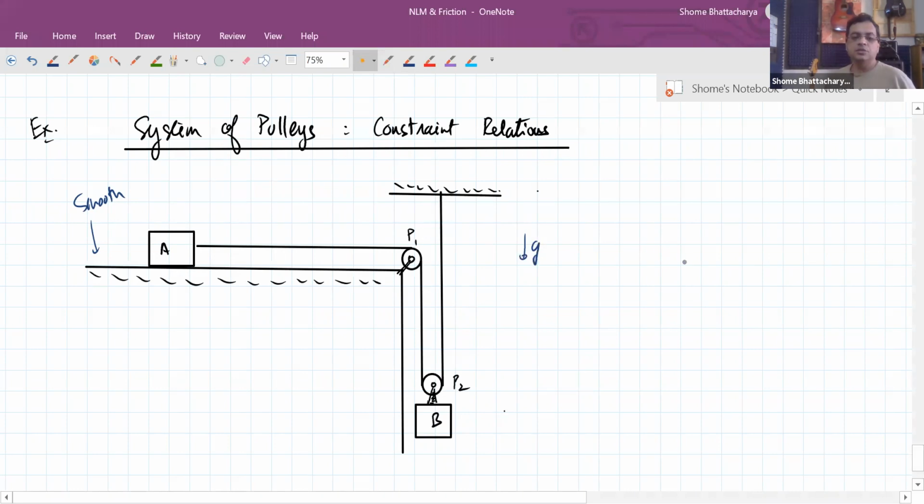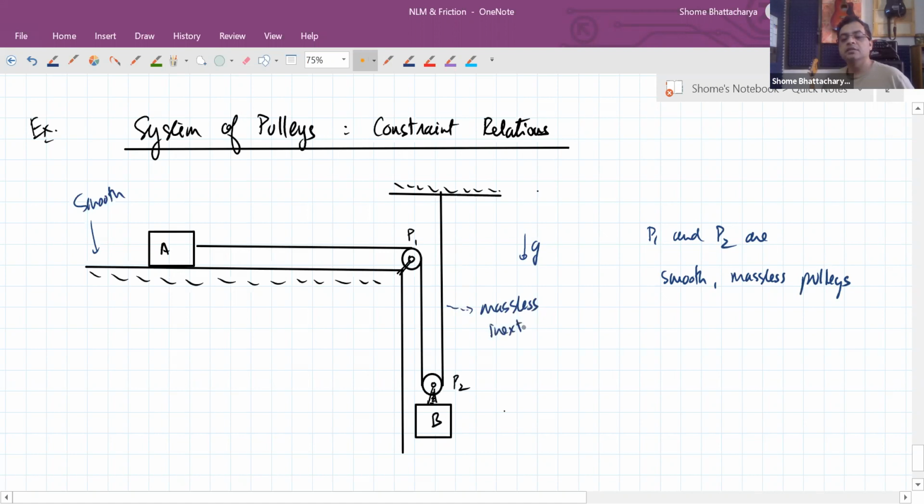This is a vertical situation. So P1 and P2 are smooth and massless pulleys, or they're very light pulleys. This is a massless and inextensible thread.